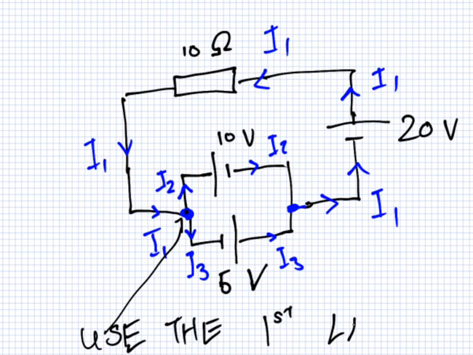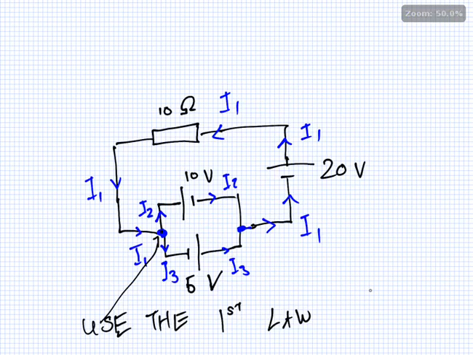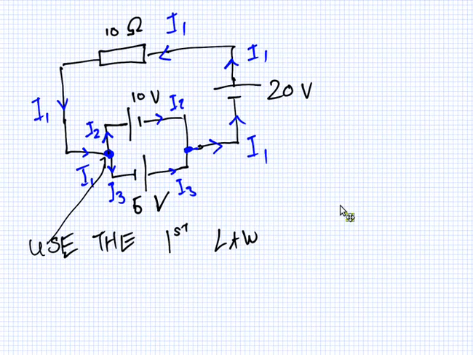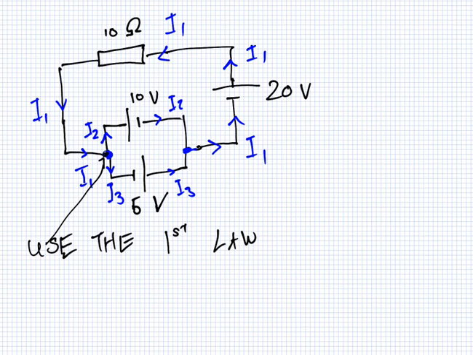What happens here when I hit this resistor? I lose voltage. How much voltage do I lose? Do I know the voltage here? No. But I have this formula, V equals I R. What does I equal? I2. What does R equal? 2. So I could say 5 minus 2 I2. Then when I get here, what's the voltage?